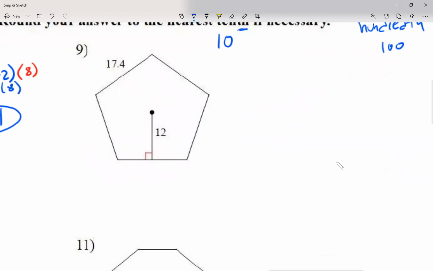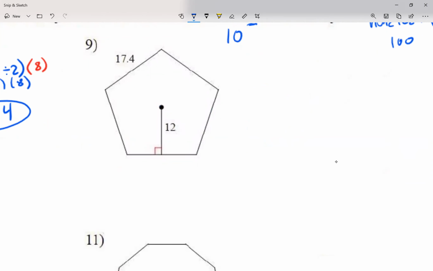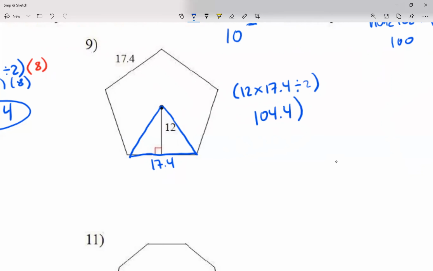So let's take a look at question number 9. Let me take a look at one triangle here. I'm looking for a triangle that includes the 90-degree corner. And this measurement here at the bottom, I'm going to say it is 17.4. So for this triangle, I'm going to go 12 times 17.4 divided by 2. So that one triangle is 104.4. I'm not quite done yet. That is just the one triangle.